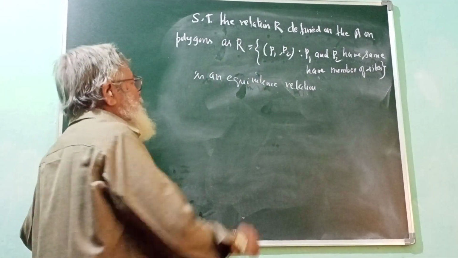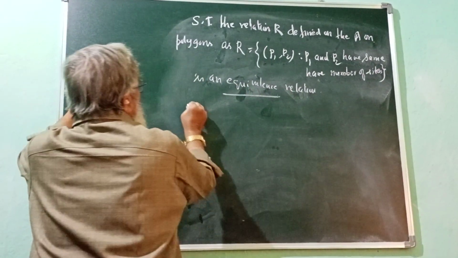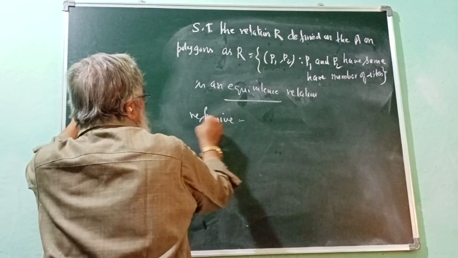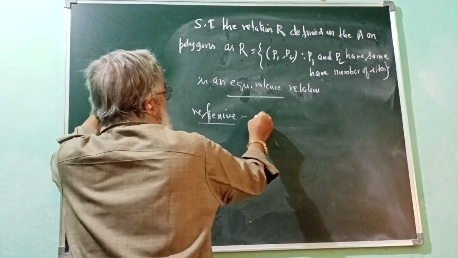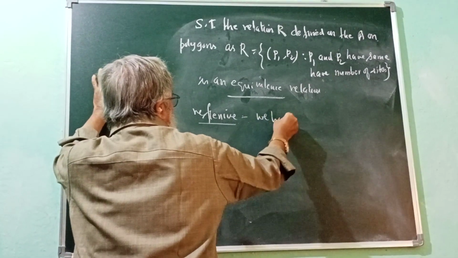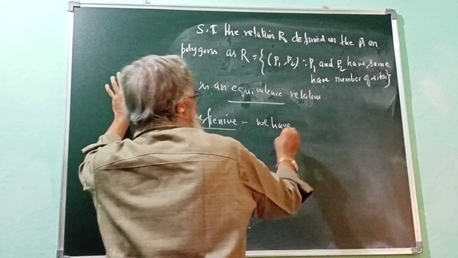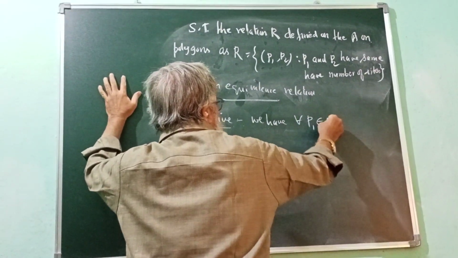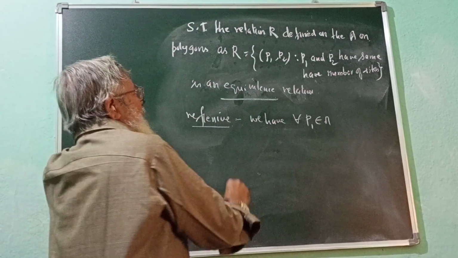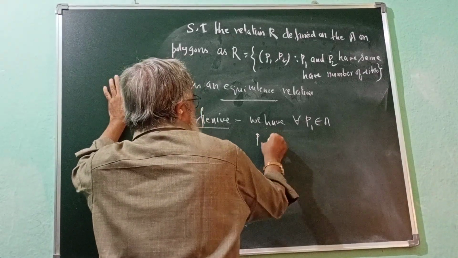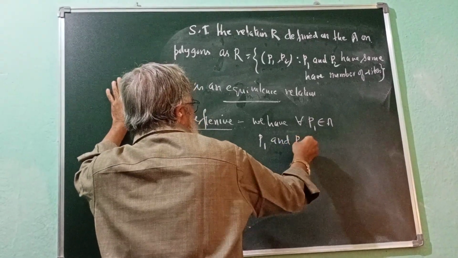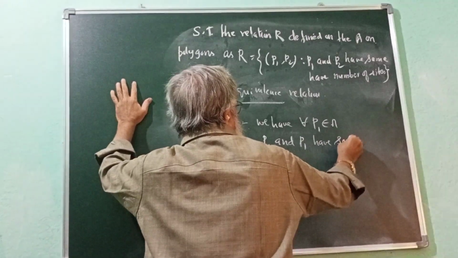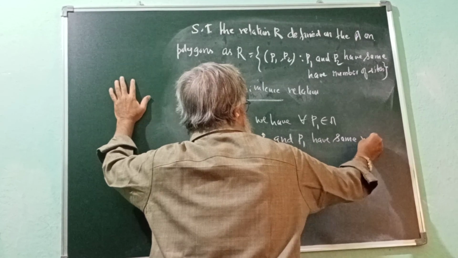Let us check for reflexive. Now you see here, for every P1 which belongs to the set A, any polygon, we can write P1 and P1 have same number of sides.